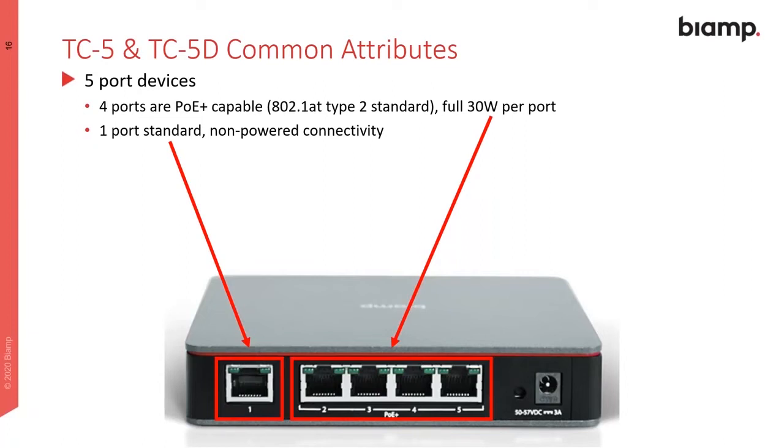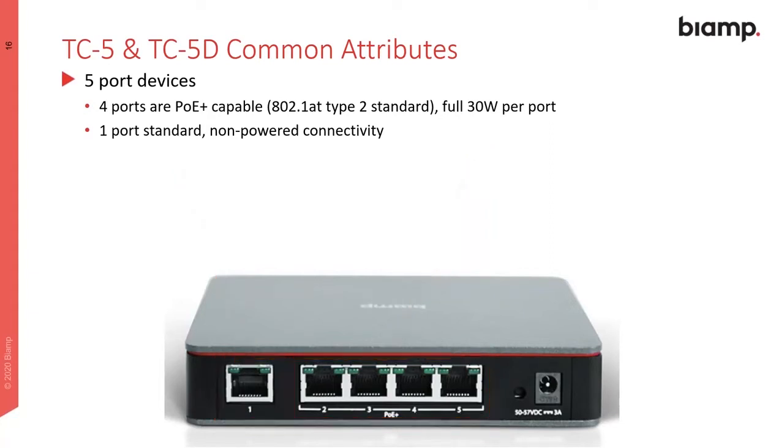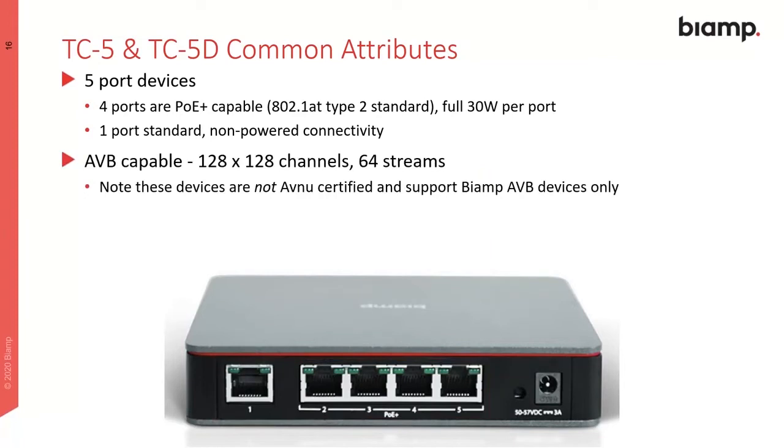You can have single cable and separated control mode, so you can separate the control from the AVB as well. We have the ability to do that. We support single cable and separated control, which in the TC5 can help us separate the control from the AVB stream.